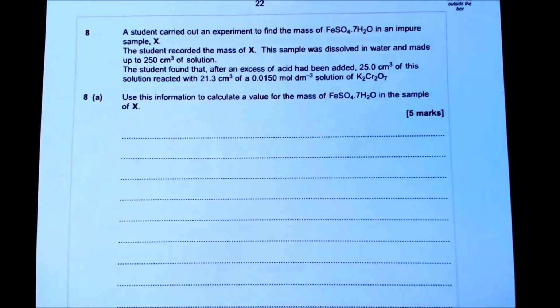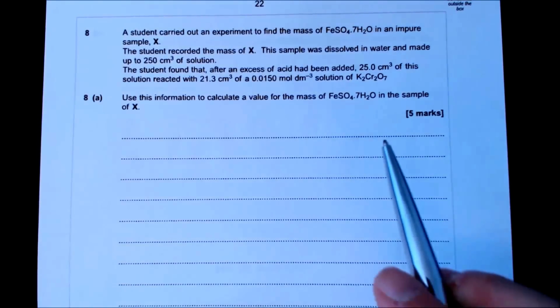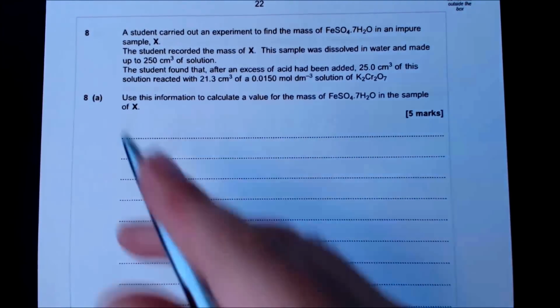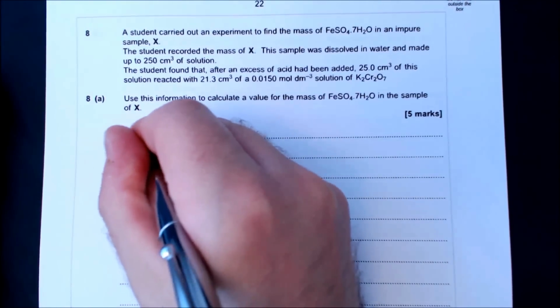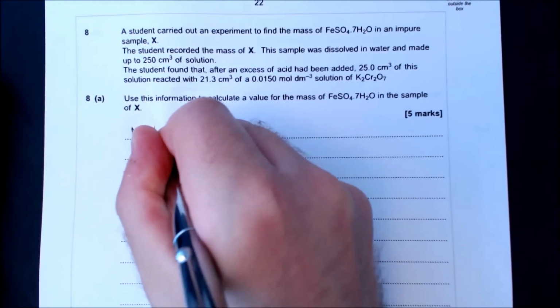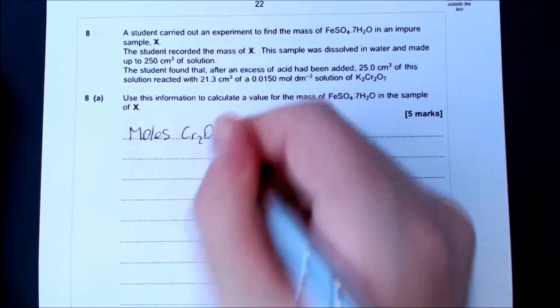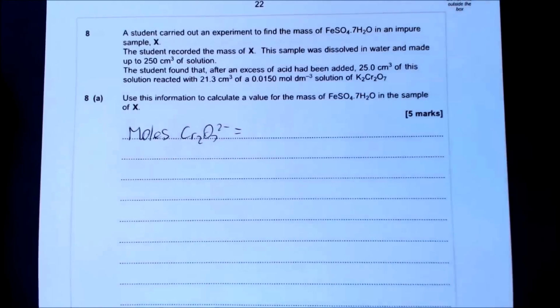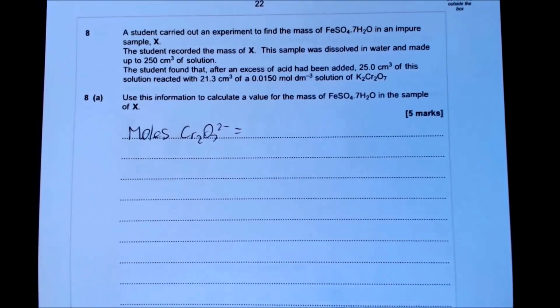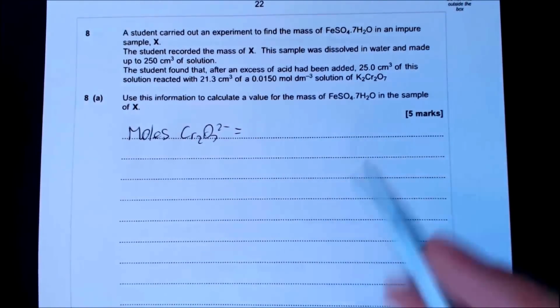But if you were ever stuck, then that's normally the best place to start. So the first thing we're going to do is work out the number of moles of potassium dichromate, or just the dichromate ion. The potassium is a spectator ion, so we don't need to worry about that. So we're just going to work out moles of Cr2O7 2-, and this is pretty straightforward because the moles is just concentration times volume.